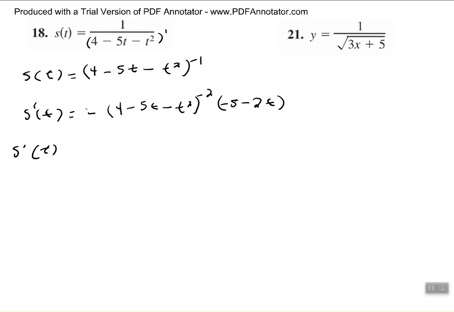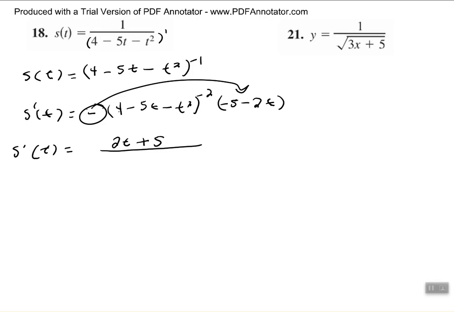So s prime of t equals, I'm going to clean this up a little bit. I have this negative that I'm going to distribute to this second parentheses here. So that makes that positive 5 plus 2t, or 2t plus 5.